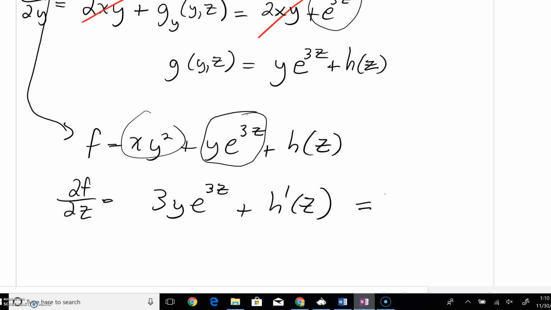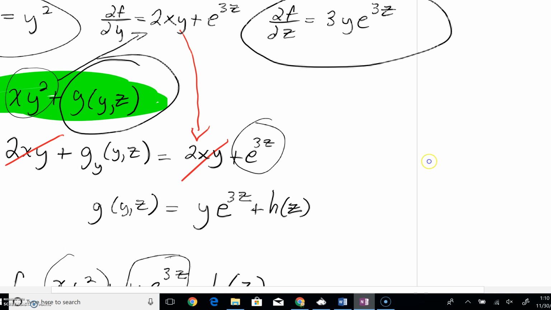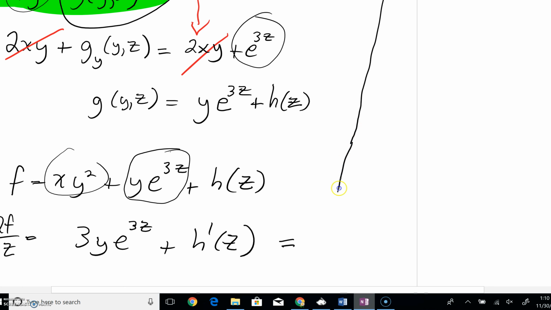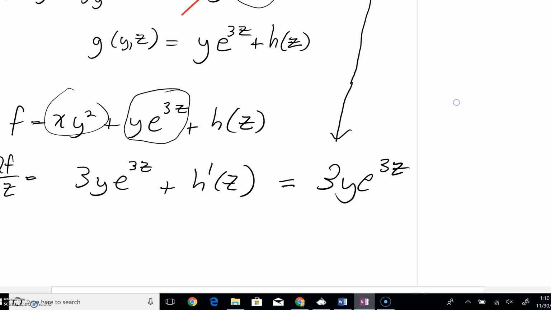But then you'd say, now wait a minute. Did I not know what that partial derivative was? Yep, it was 3y e to the 3z. Bring that down right over here. You'd say, wait a minute, that sure looks familiar. You know, at the top of the page, we said, hey, our partial derivative with respect to z was that. Wow, we can cancel that out.